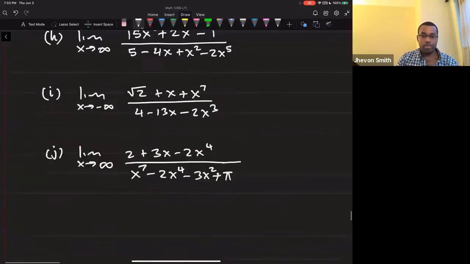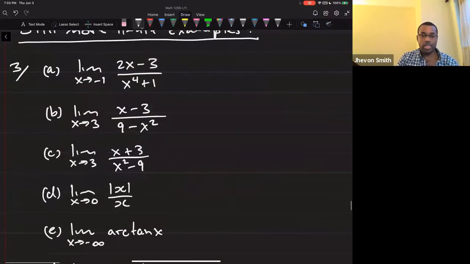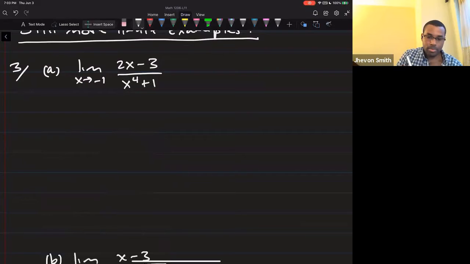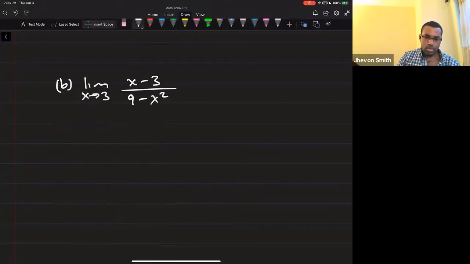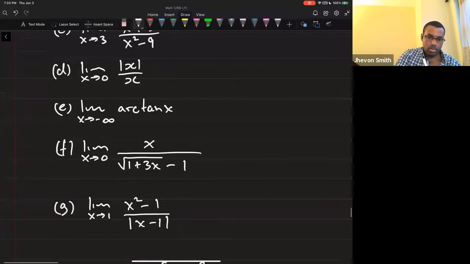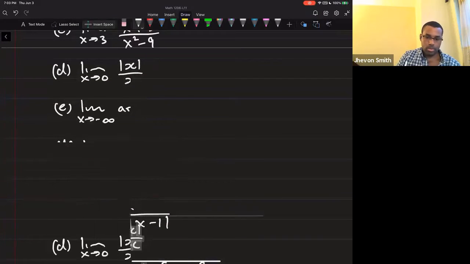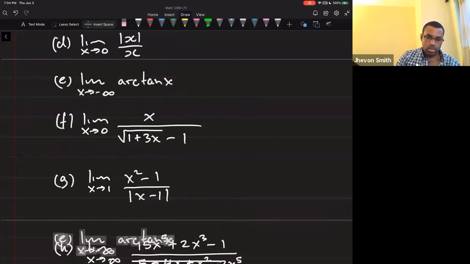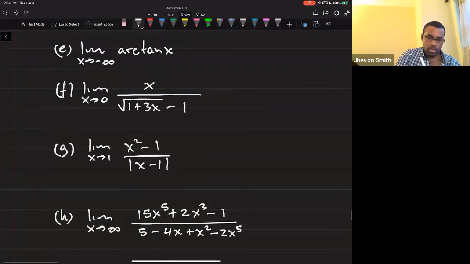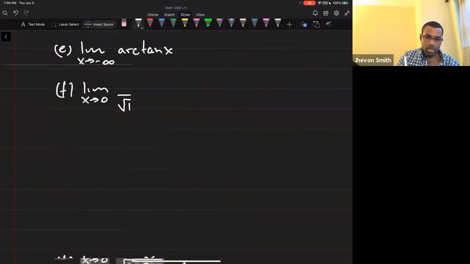We are going to do them based on the strategies. Creating some space here.